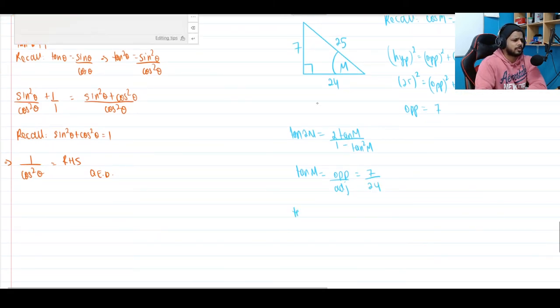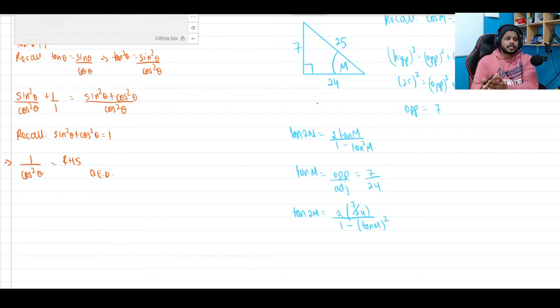So therefore, tan of 2m is 2 multiplied by 7 over 24 all over 1 minus tan m squared. Tan m all squared is tan squared m. Simplify the top. Top becomes 7 on 12 over 1 minus 7 over 24 squared.